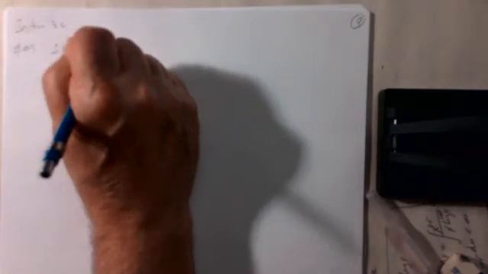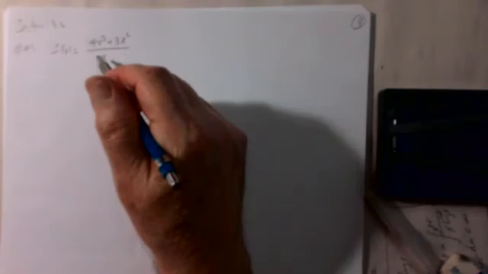I'll just start going through some of the homework problems because they're interesting. Number 43. We have the function f of x equals 4x cubed plus 3x squared over x. And we have to find the derivative.